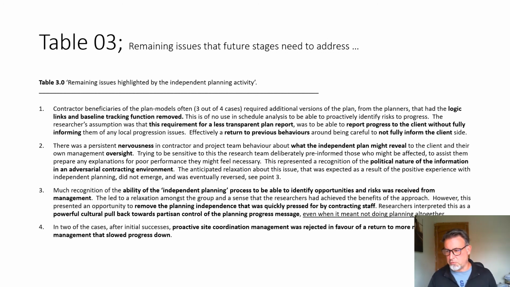So there was a requirement for less transparency. That's an interesting thing. That revealed that there was always a nervousness about what an independent plan might reveal, and it actually demonstrates the political nature of information in an adversarial contract environment, is what we're saying.